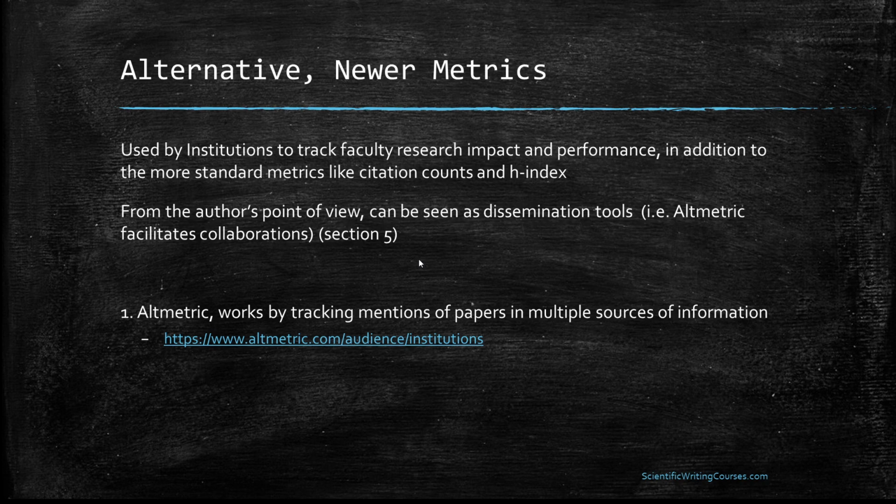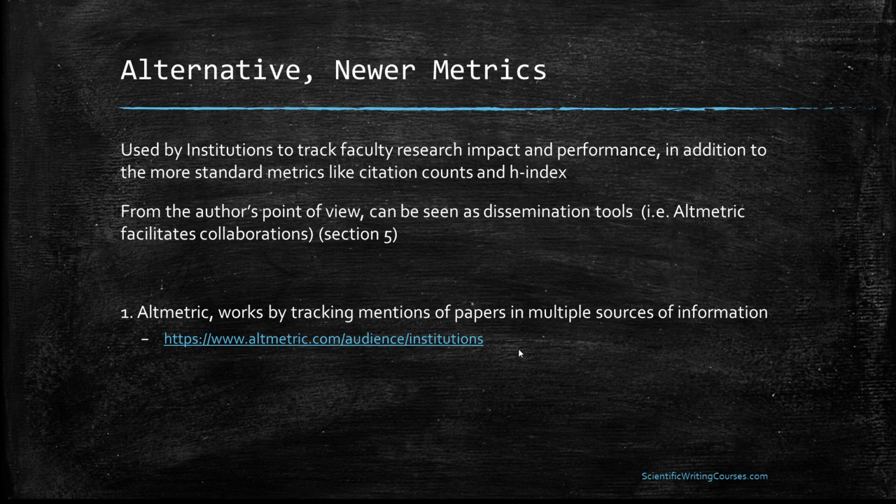It's a newer metric because in reality it gives you the impact of your research in some form, the Altmetric number, and it works by tracking mentions of papers in multiple sources of information. You can see how this is used in Altmetric. You can visit this link directly, or any other in Altmetric, to understand how it works.